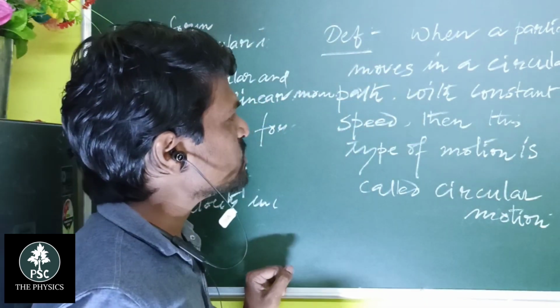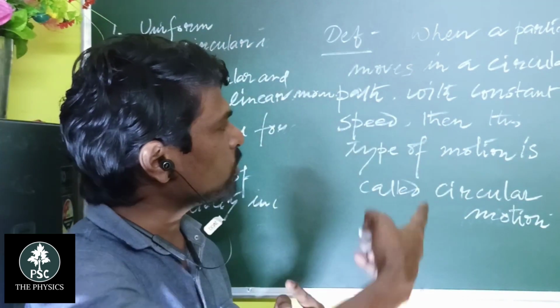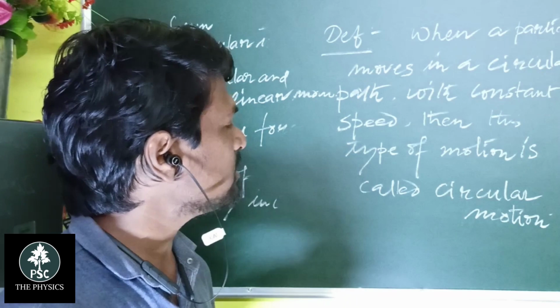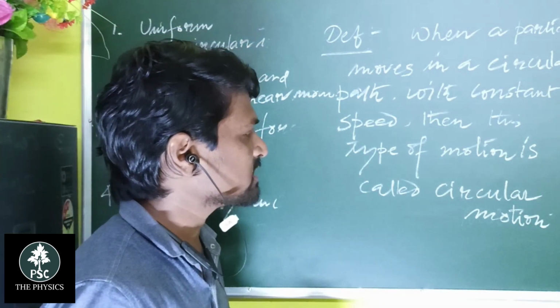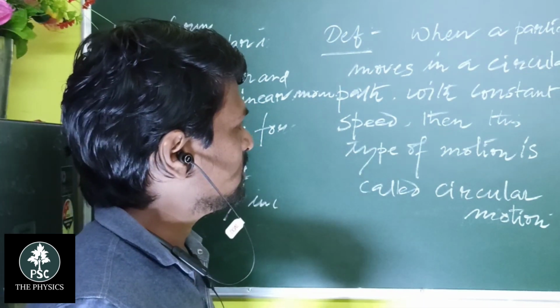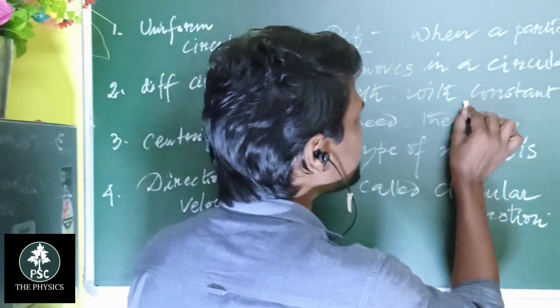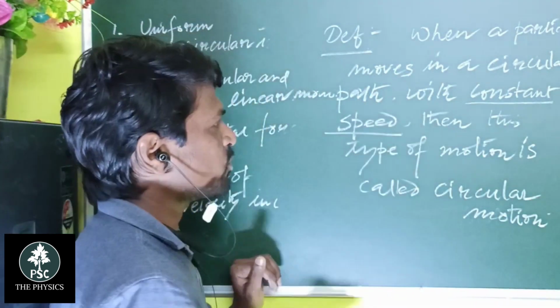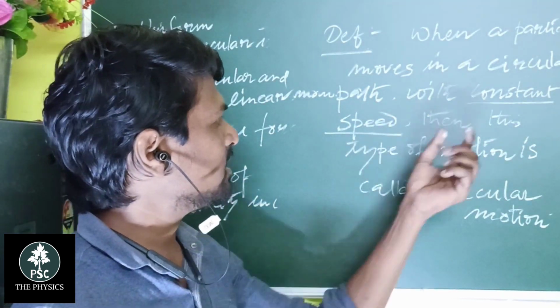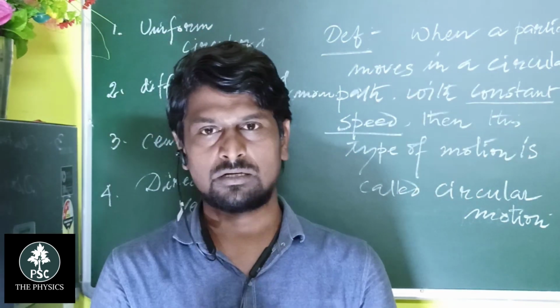So the definition is when a particle moves in a circular path with constant speed, then this type of motion is called circular motion. What is the basic property of a circular motion? That is, the speed must be constant.